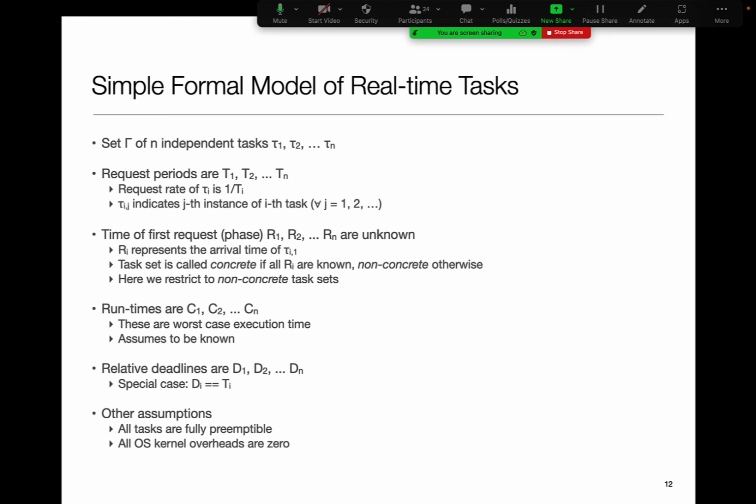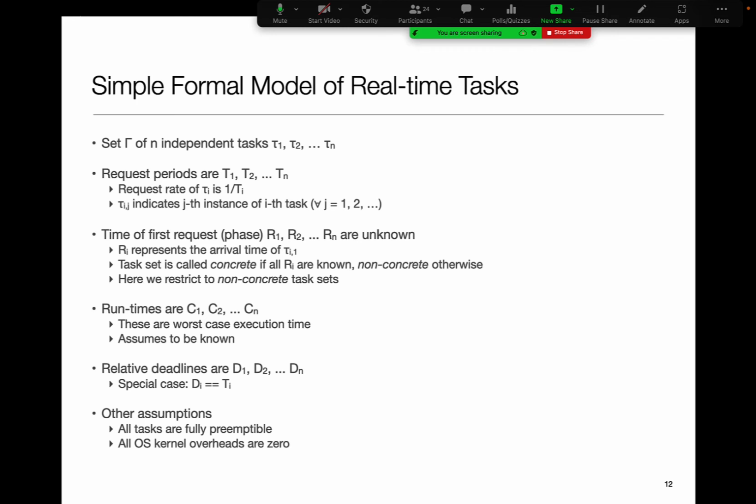So after the system started, let's call that time t equal to 0, the first copy of the ith task arrives sometime after, and let's call that time r sub i. So r you can think of as the time or the phase of the first request of the ith task. So r sub i is the arrival time of the first instance of tau i.